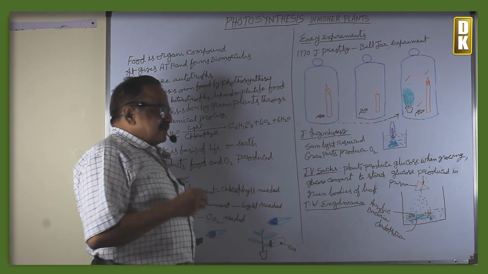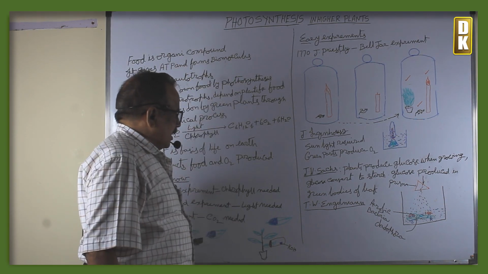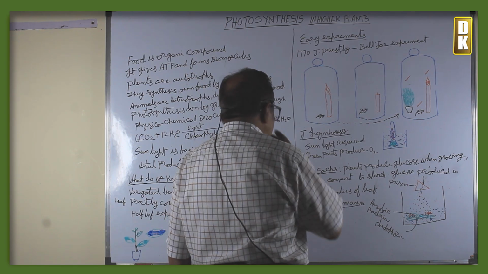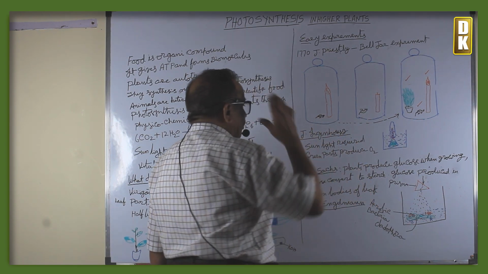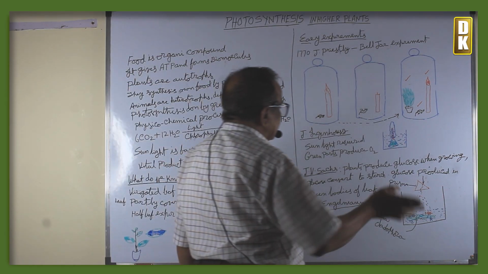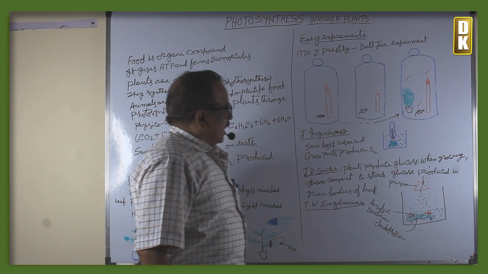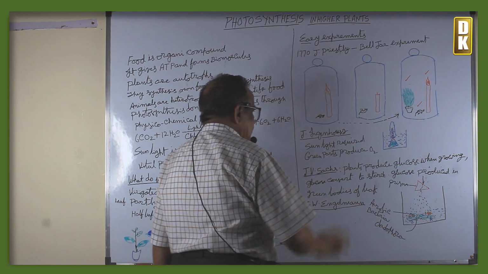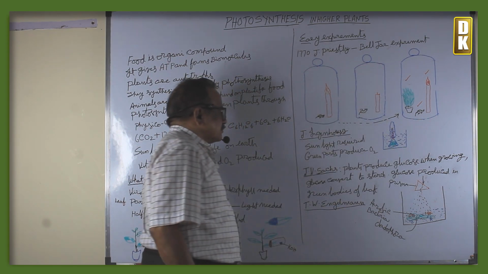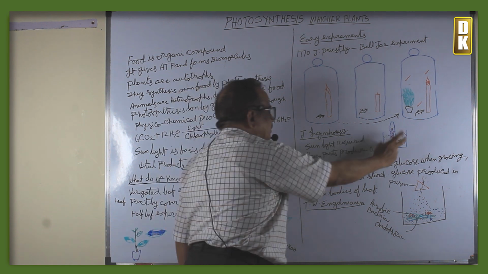Next he extended this experiment in a different way. He conducted one more experiment. He took an aquatic plant, kept it in water, and placed a test tube over it.